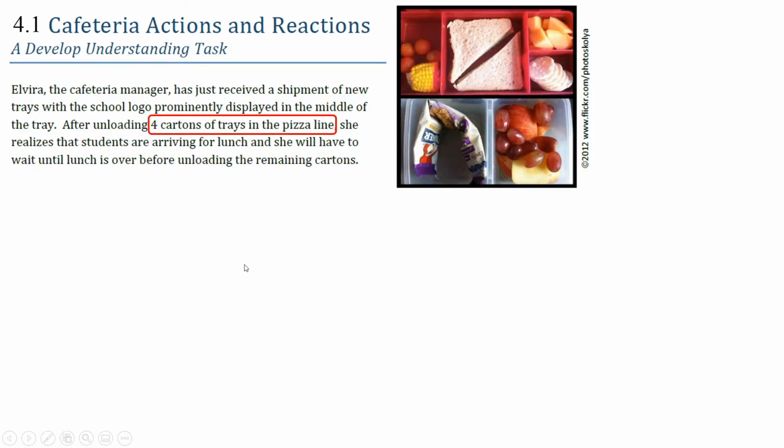Well, let's think about the information here. 4 cartons of trays in the pizza line. So I'm going to start declaring a few variables. Elvira places 4 cartons, which I'm going to use a C for the number of cartons, and I'm going to use a T for the number of trays in the pizza line. Now, what do I know?